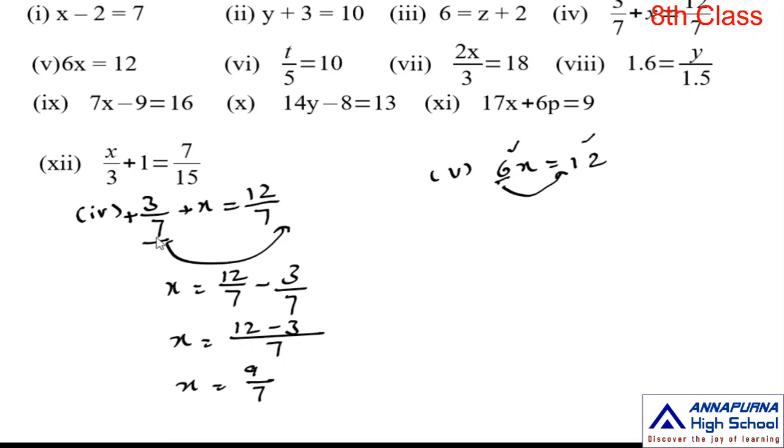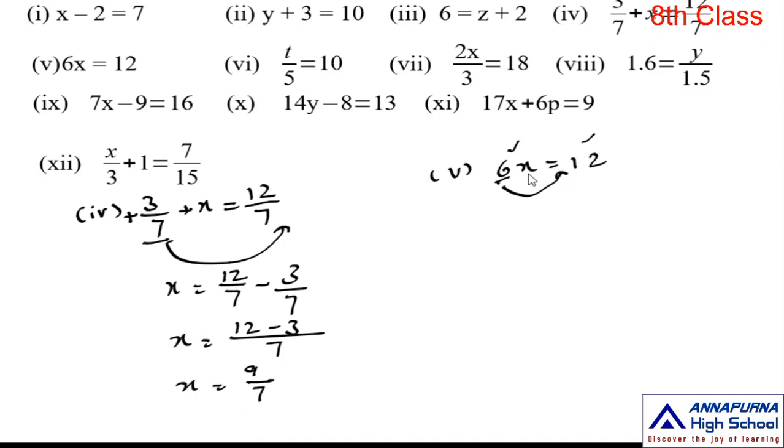Here also you transpose 3/7 to the right side, but there 3/7 is a term. So when you transpose this 3/7 to the right side, plus 3/7 becomes minus 3/7. But here 6 is not a term, it is a factor, it is the coefficient of x. That means this 6 is a factor of this total term. That means you are transposing this factor to the right side.